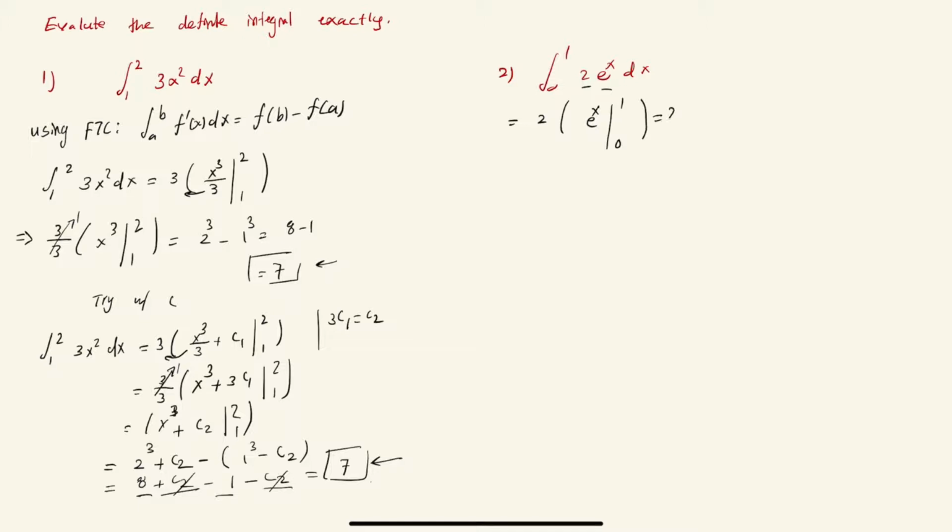That's 2 times e to the x evaluated at x equal to 1, minus e to the x evaluated at x equal to 0. That's 2 multiplied by e to the 1 minus e to the 0. That equals 2 multiplied by e minus 1, since e to the 0 is just 1.